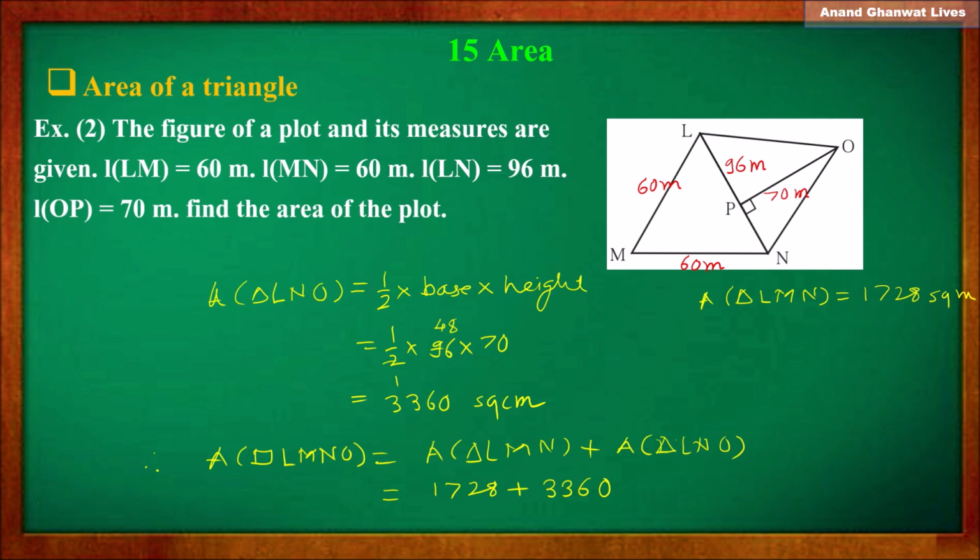So add these two. What is the answer? Yes, 8, 8, 0 and 5. 5088 square meters. That is the area of the given quadrilateral LMNO, means the given plot. So area of the plot is 5088 square meters. Okay, do you understand it?